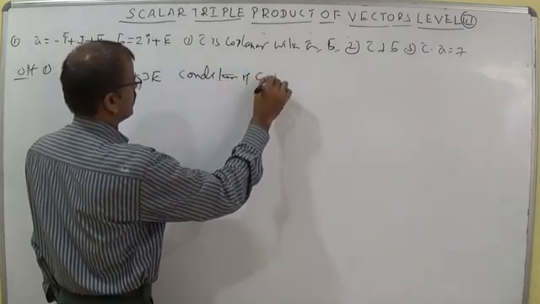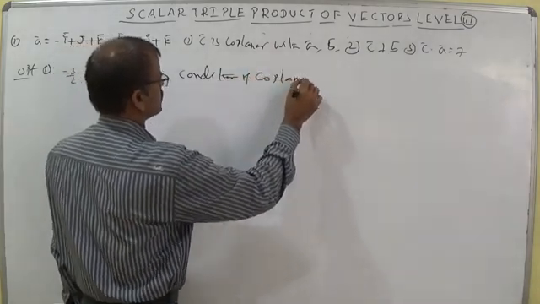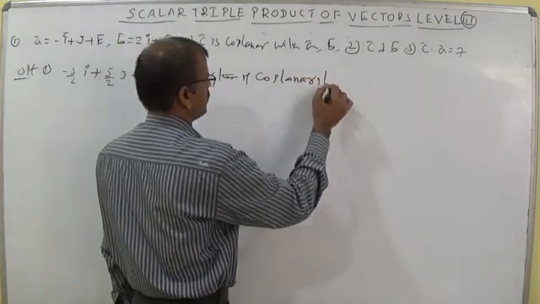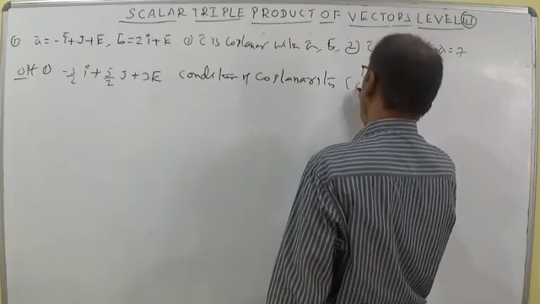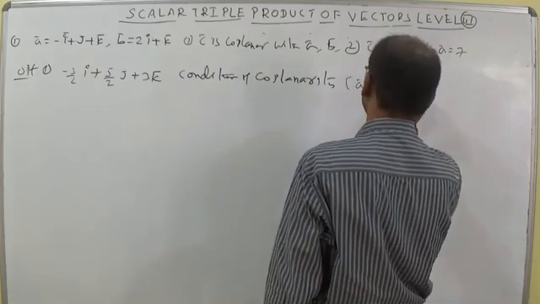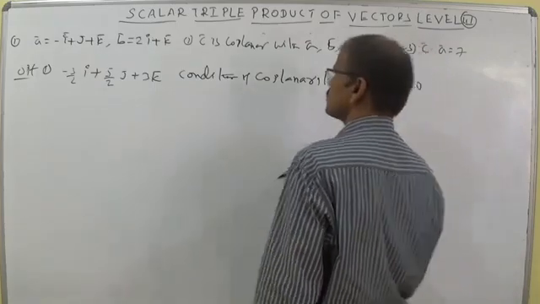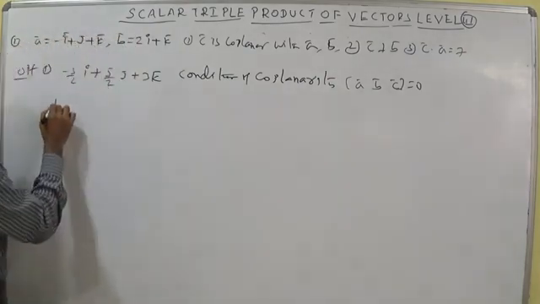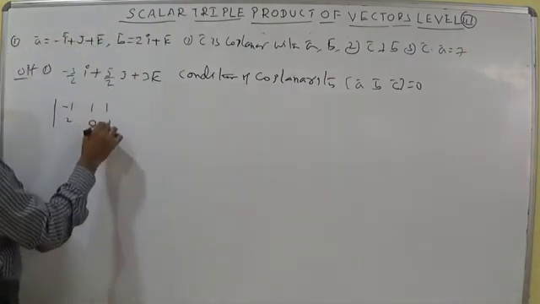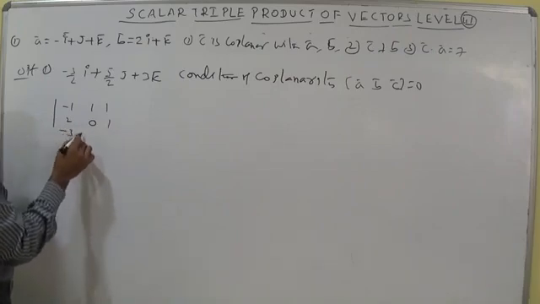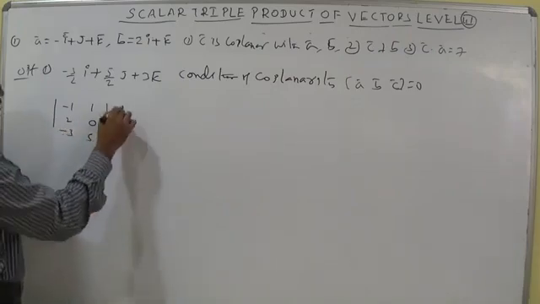The condition of coplanarity is that box ABC is equal to 0. So let us write minus 1, 1, 1; 2, 0, 1; minus 3, 5, 6.